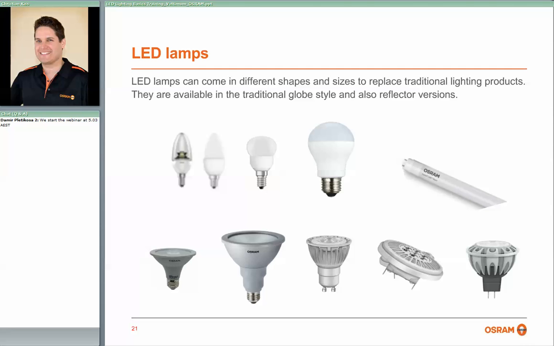Some of the cons with this type of product is, in comparison to traditional technology, the cost is still relatively high in comparison to the traditional fluoros and your halogen lamps and so on. However, it's becoming more and more affordable over time as prices keep eroding through the market and products become a lot more affordable.